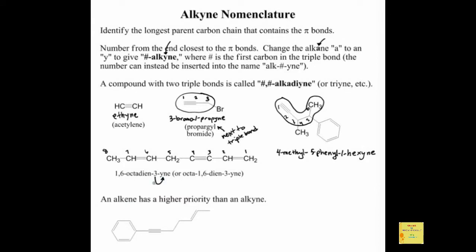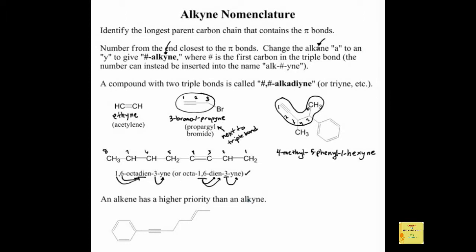So this means I have a triple bond at carbon 3, and my diene is at carbons 1 and 6. Or you could break up the name more completely and insert the numbers in both cases immediately before the functional group that they're defining.